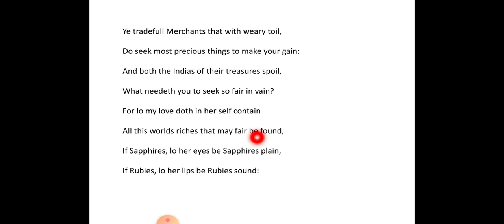Now, if we start with line 5, the speaker claims that his beloved is more beautiful than anything to be found in the entire world. Of course, in considering this kind of hyperbole, I would say that it is not very unconventional.